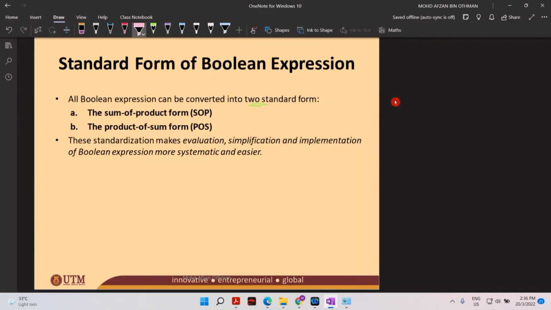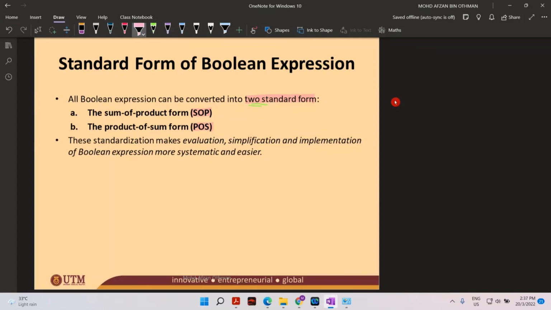Two standard forms. One we call the sum of product, or sometimes SOP. SOP stands for sum of product, which is the sum of product terms. Meanwhile, the second one is the product of sum form, sometimes called POS.